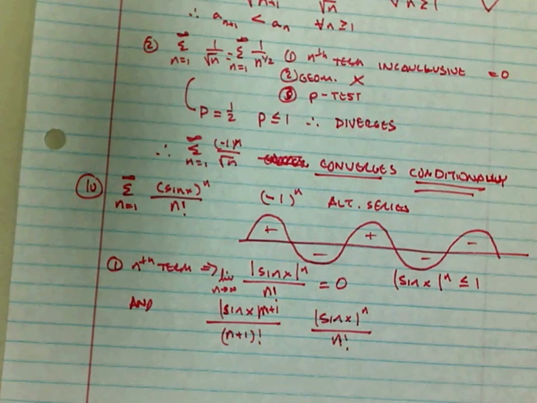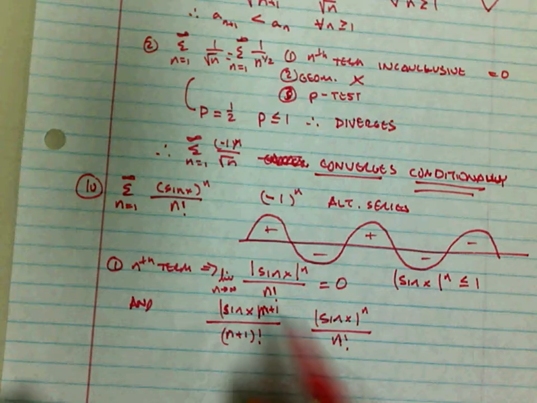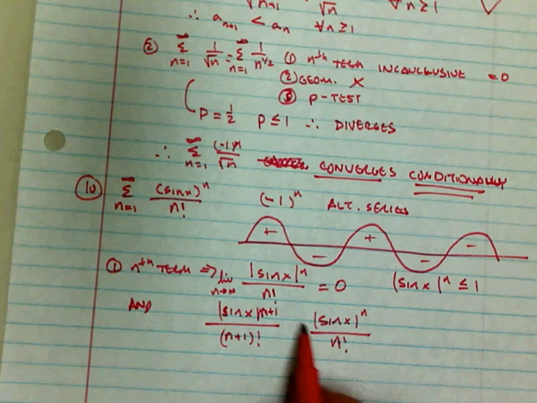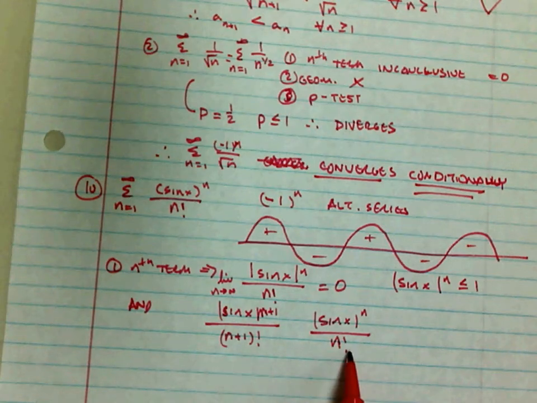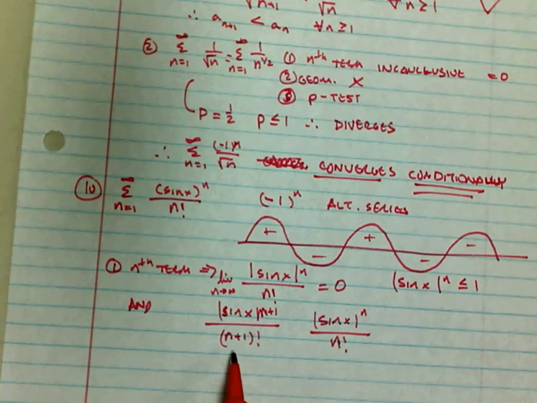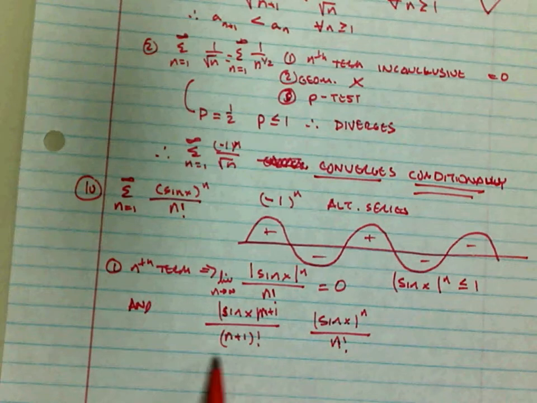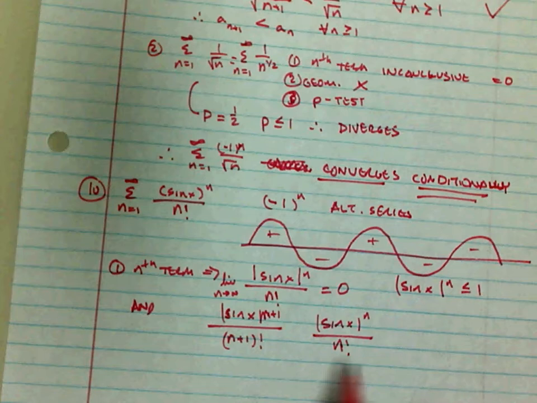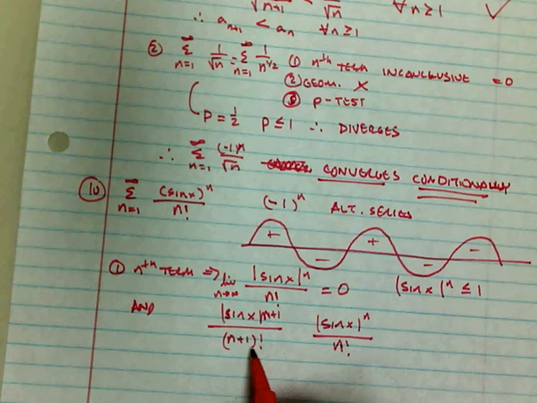As this gets larger and larger, I think you can see where the numerator is just going to be some small number between 0 and 1 raised to the nth power, but the denominator is going to get really, really huge. Think about 1 million factorial, and then the next one's going to be 1,000,001 times that. So the denominator is going to crush whatever's up there, especially when we multiply that next big number.